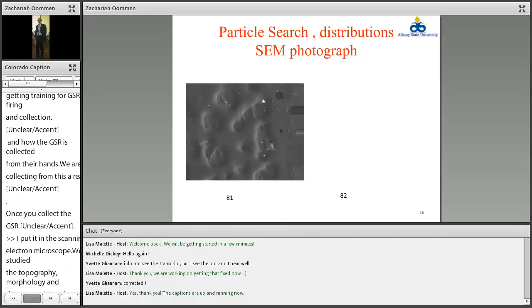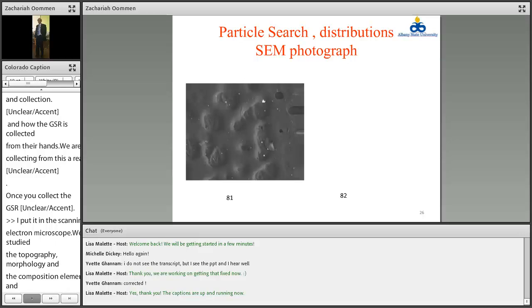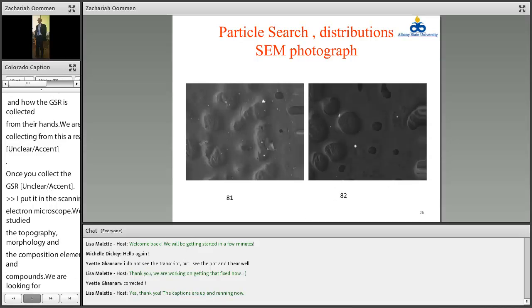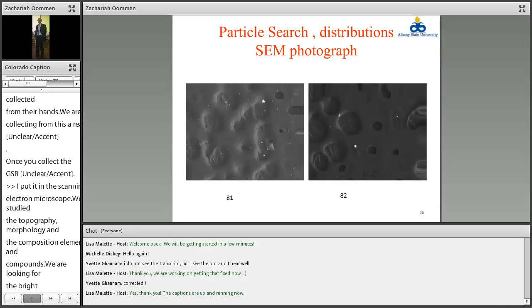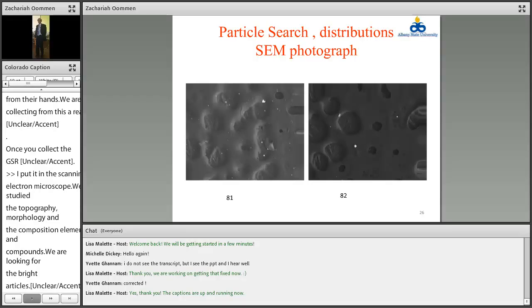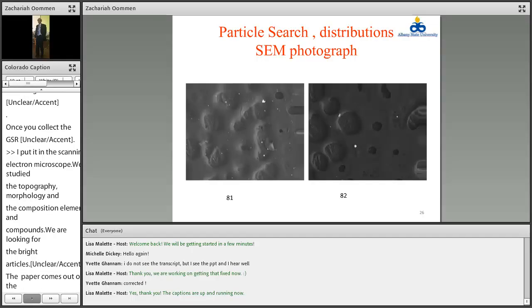I am working with inorganic gunshot residue particles, so we look for bright particles as well as spherical particles. We enlarge the image to make sure we are getting spherical particles. As you know, when the gunshot residue vapor comes out of the gun, it is at a very high temperature. When it touches a cold part, due to surface tension, it assumes the shape of a sphere. So we are looking for spherical particles.